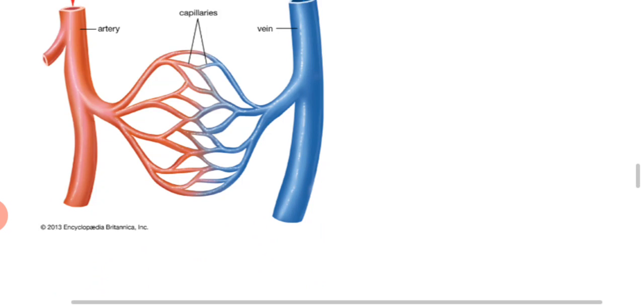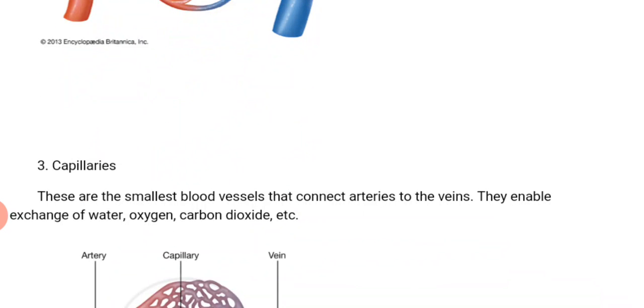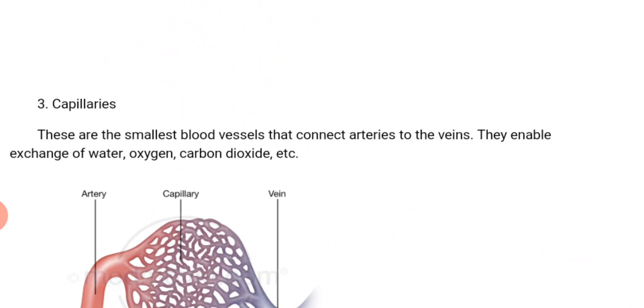But capillaries, which is the smallest of the three, its function is that it connects the arteries and the veins together for them to exchange water, oxygen, and carbon dioxide and other food nutrients in the blood.